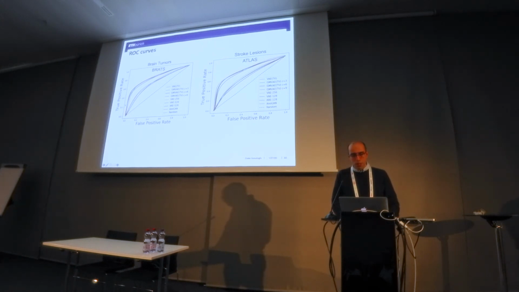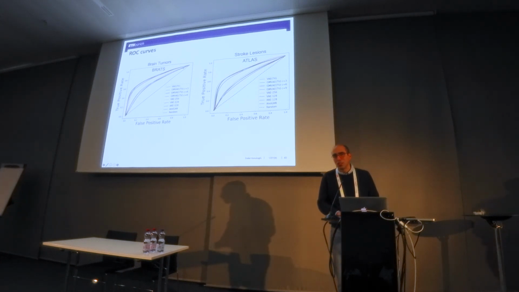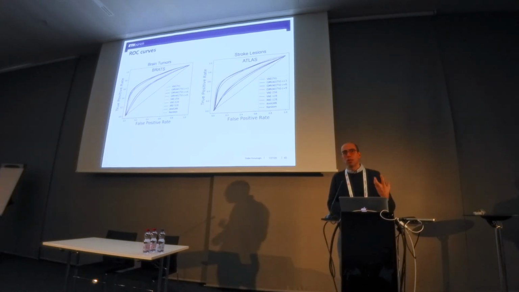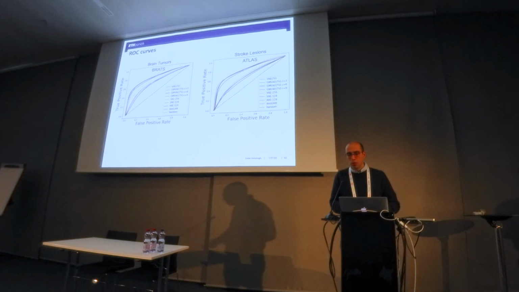The curves that you see here are all variations of the Bayesian framework that I've shown you. The curves that you see here are the non-Bayesian versions. So it's clear that something interesting is going on: by integrating prior knowledge, normative distributions, and using old ideas like Bayesian modeling and Bayesian inference or MAP inference, you can get a big boost in outlier detection.